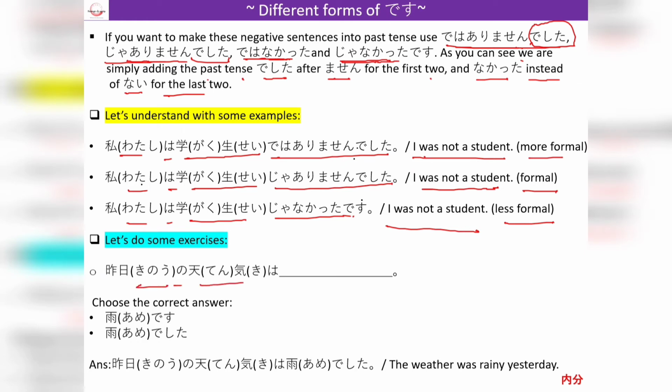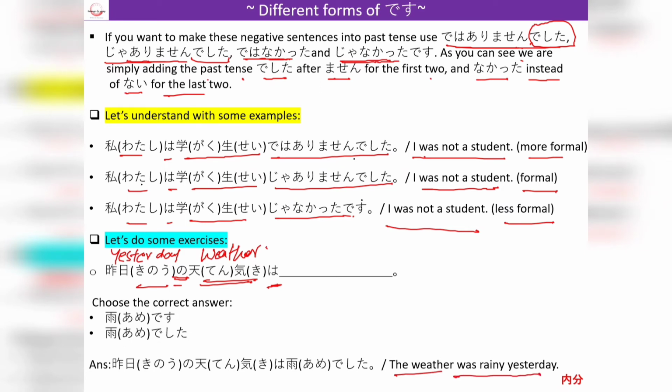Kino no tenki. Kino is yesterday. No is a particle which we will learn in our next lessons. And tenki is weather. Wa. So here it is saying the weather was rainy yesterday.